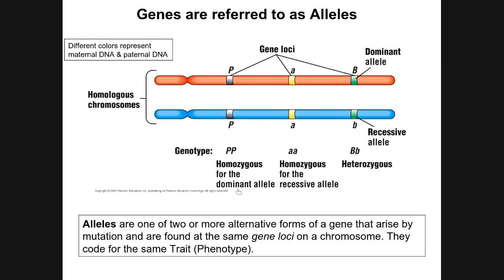Now, sometimes an offspring will inherit a homologous pair of chromosomes, and at the same exact gene loci on both chromosomes, both alleles not only code for the same trait, but happen to both be dominant alleles. They're dominant alleles because they're going to determine the phenotype, and therefore at the genotypic level, we refer to the person as being homozygous dominant.